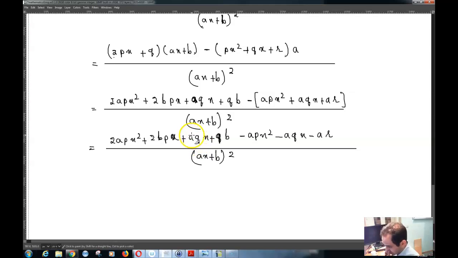Now 2apx squared minus apx squared is equal to apx squared.